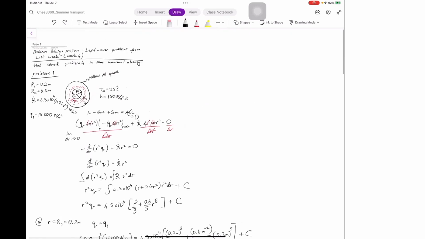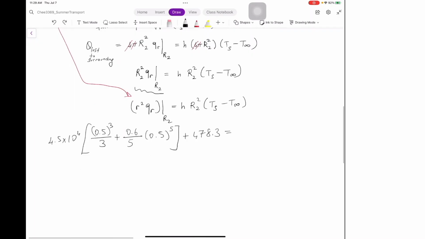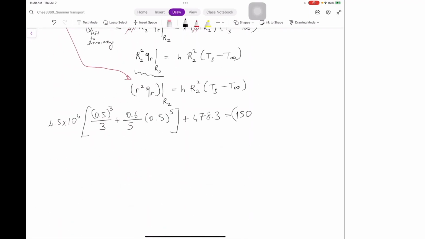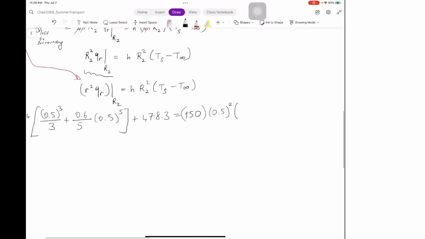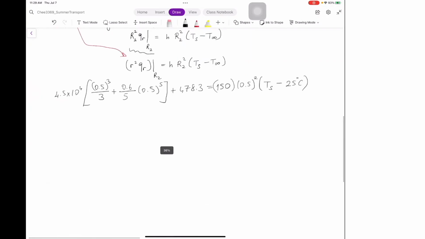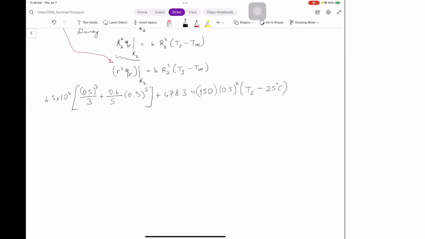H was given 150. And you make sure it's the SI units. Yeah, it's given in SI units. Times the R2 squared, 0.5 squared. Ts is unknown, and the T infinity is 25 degrees. Good. There you go. And let's do the algebra.